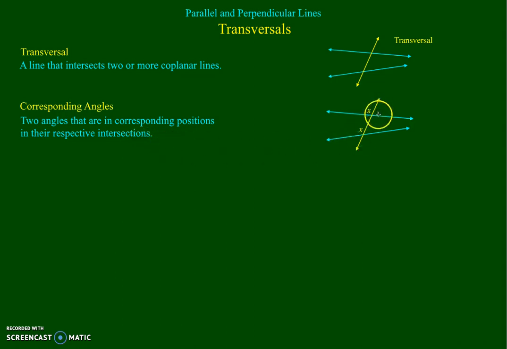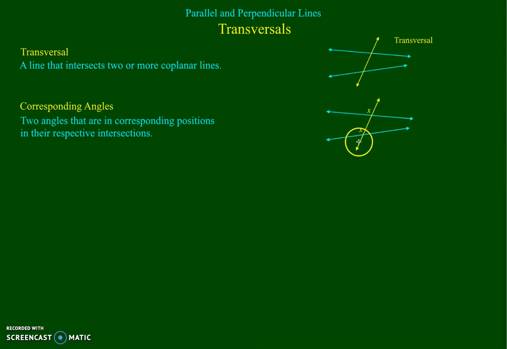Now we could say the same about this angle and this angle. This is in the upper right, so these two angles are corresponding angles. Likewise, this angle and this angle are corresponding angles, and this angle and this angle are corresponding angles.